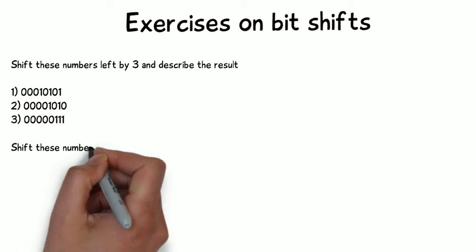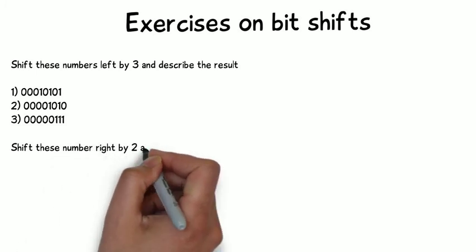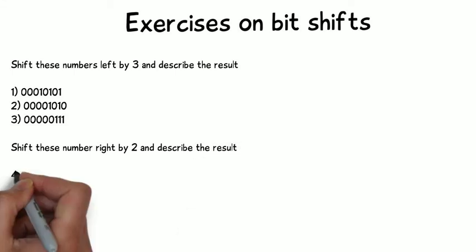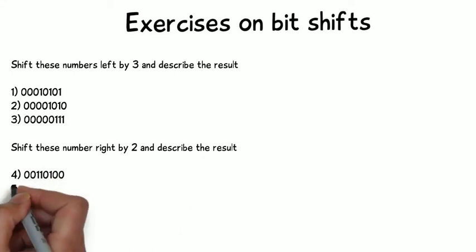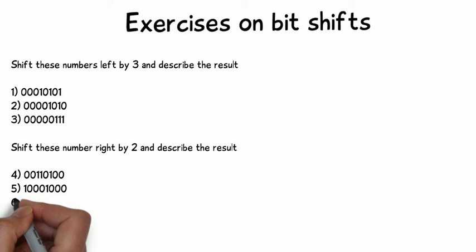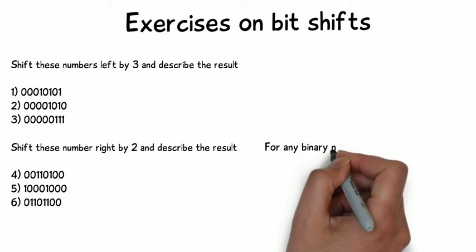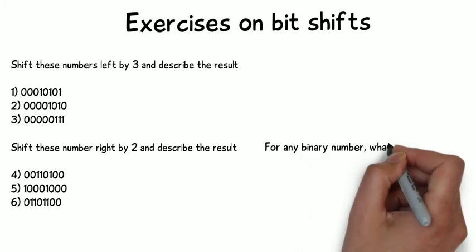By the way, if you look for binary bit shifts on the internet, you will find websites that will allow you to shift left and right, allow you to see what the results of those are. There's all sorts of websites that will help you do that and help you get an idea of what's actually happening in a slightly different way from me.